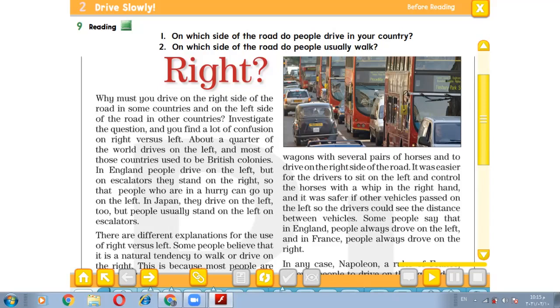Drive on the left and most of those countries used to be British colonies.